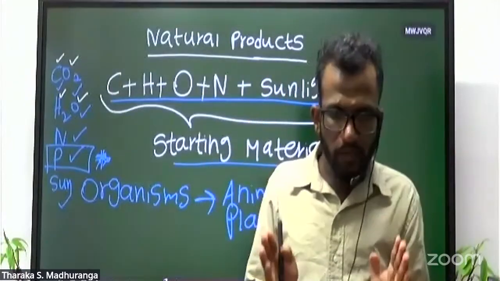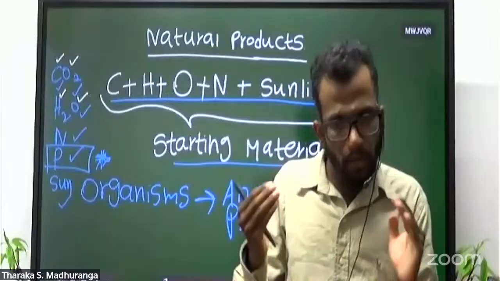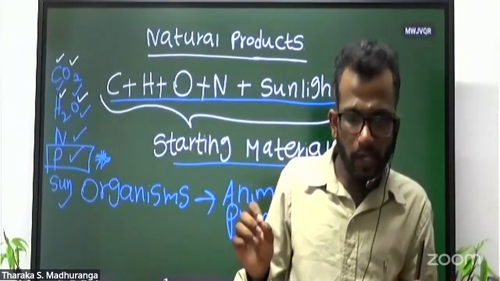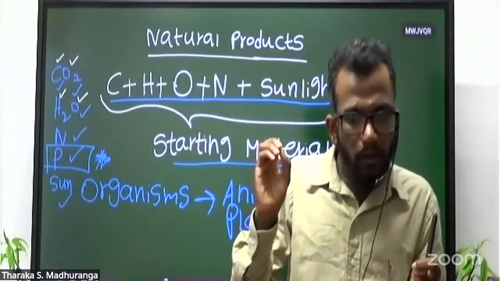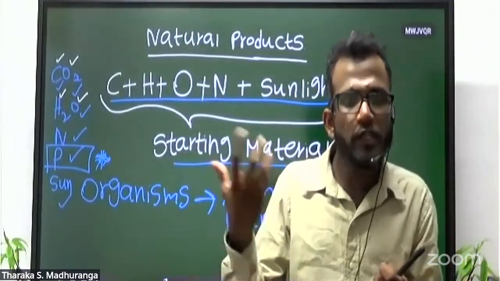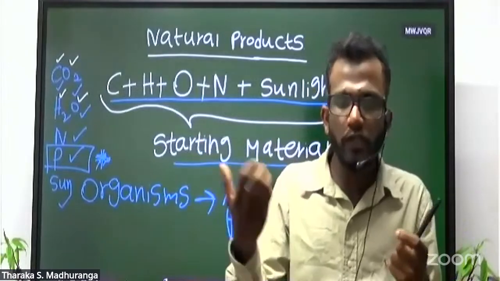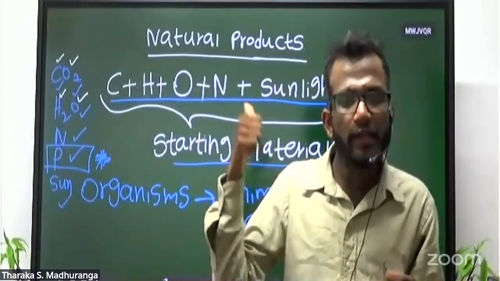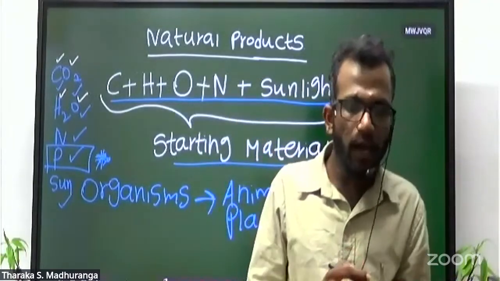Okay, what is the definition? Now come to the second definition, which is easier. That's given: compounds produced in organisms using carbon, hydrogen, oxygen, nitrogen, and sunlight as starting materials.